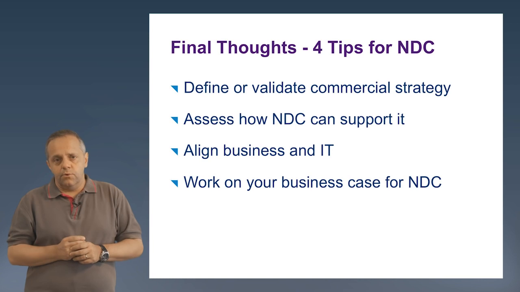This step-by-step approach can also help with strengthening the business case for NDC. Traditionally, each step will require a business case that stands on its own merits. You can use the early steps in your roadmap to gain data supporting your business case for the following phases.